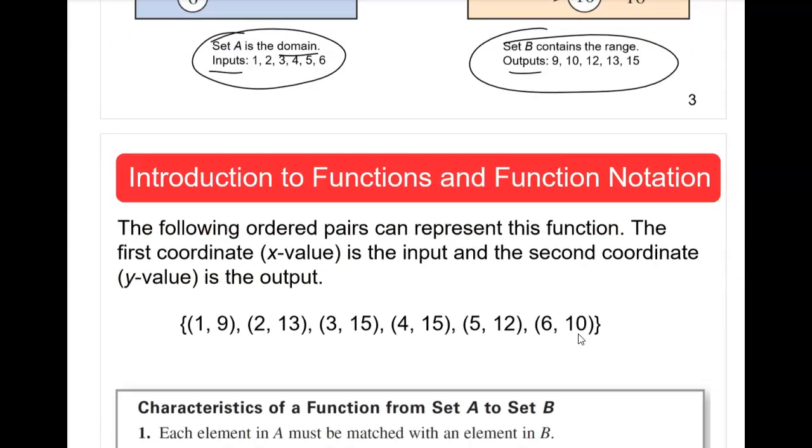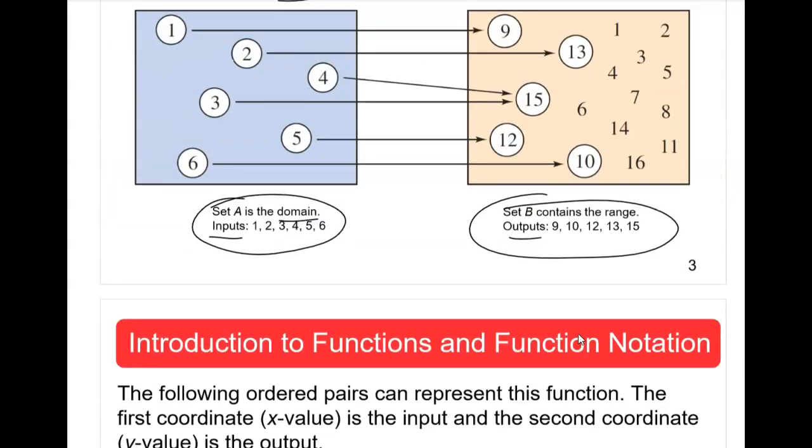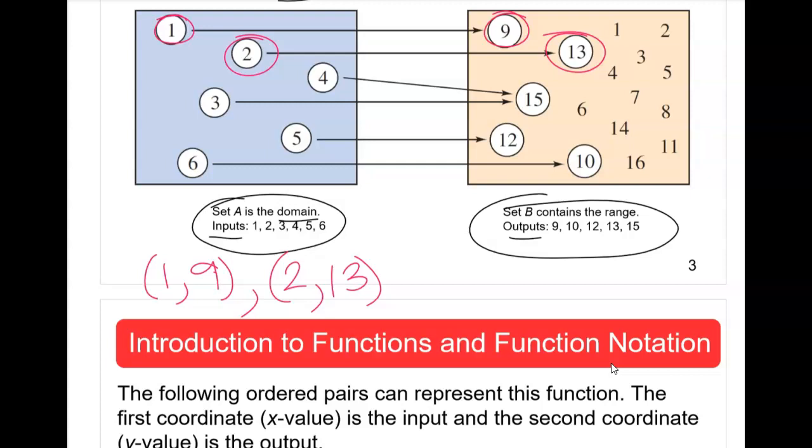And so if we look at the set of ordered pairs, we have 1 going to 9, so we will have the ordered pair (1, 9). Then we have 2 going to 13, so (2, 13). And we have 4 going to 15.